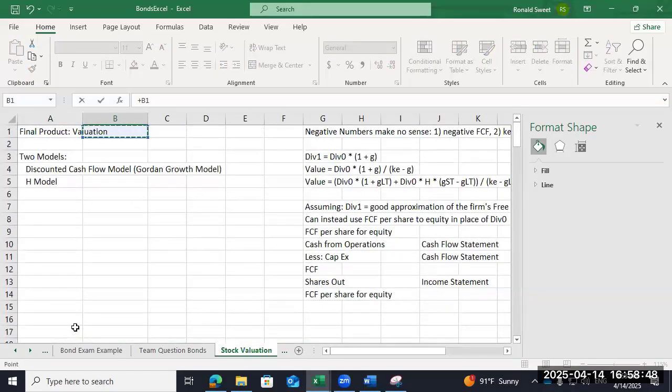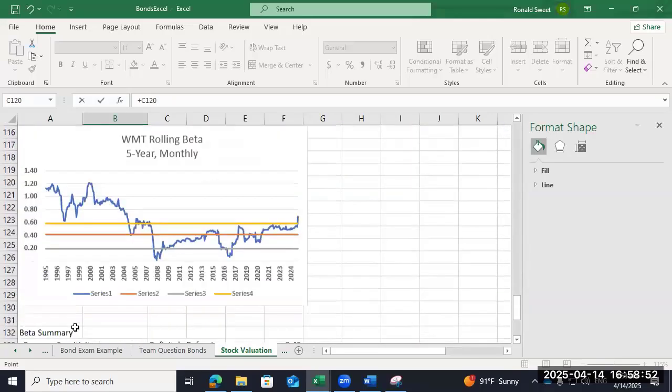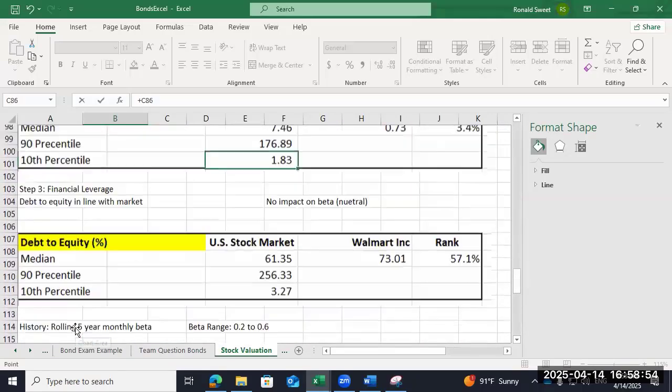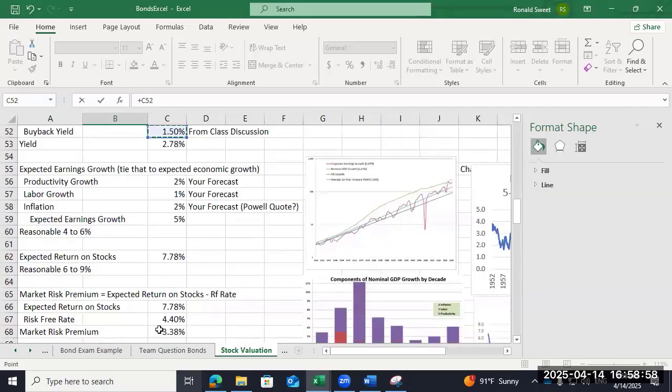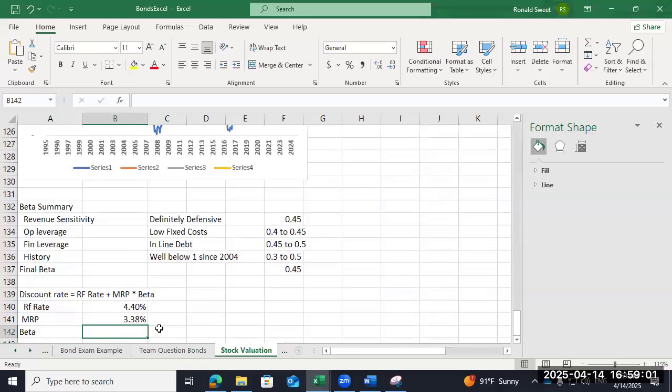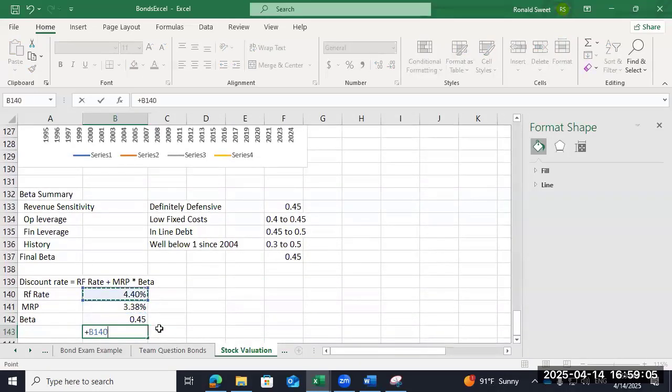My market risk premium, I can't find it now, 3.38. My beta, 0.45. So my discount rate, risk-free rate plus market risk premium times beta.